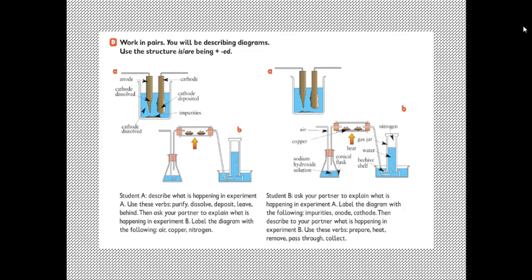So you can take your turn, my dear students, you and your partner, your classmate, to explain these two experiments, number A and number B, using the words mentioned in this exercise.